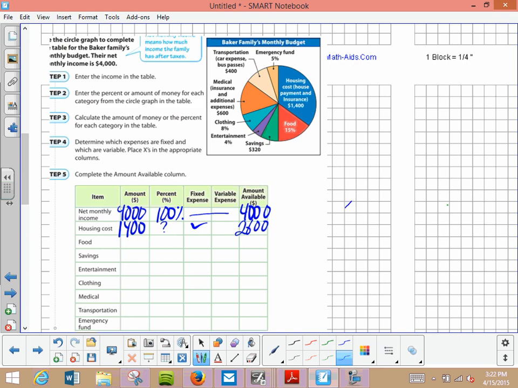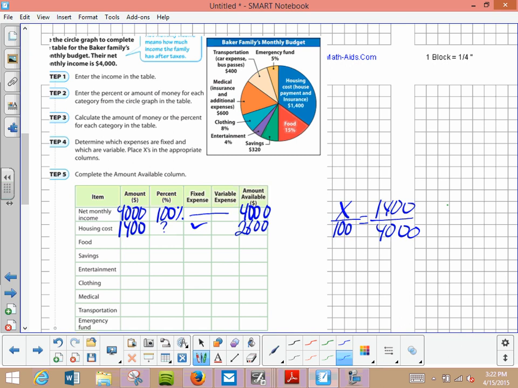Yes, P over W. Percentage over 100 equals 1,400 over the total of 4,000. You're going to do it for homework. Let's fill it in. Yes, you subtract the housing from the total. You're going to keep subtracting until, at the very end, you see how much money you have left.